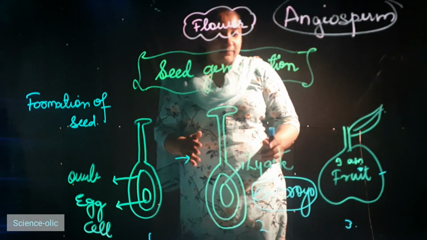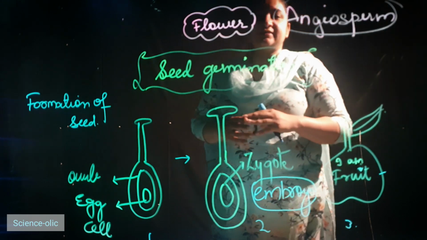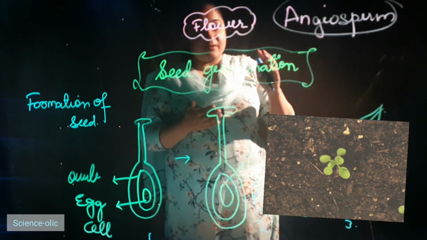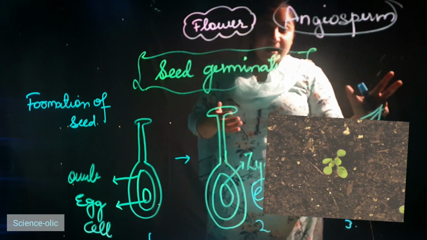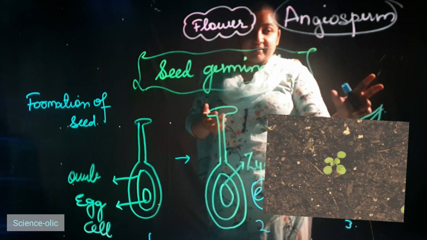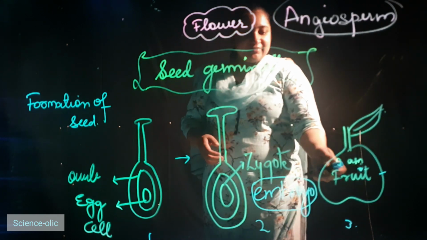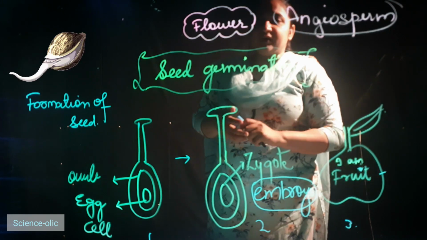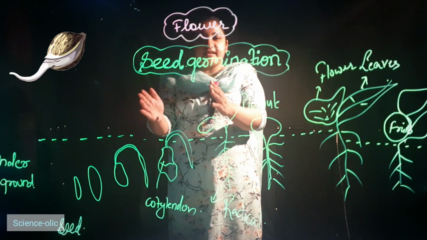So this is saying, I am the fruit. Next let's see seed germination. See, first the seed was small, then it enlarges and shows some changes in its structure. Then the cotyledon is made. The cotyledon gives energy to the seed to grow.